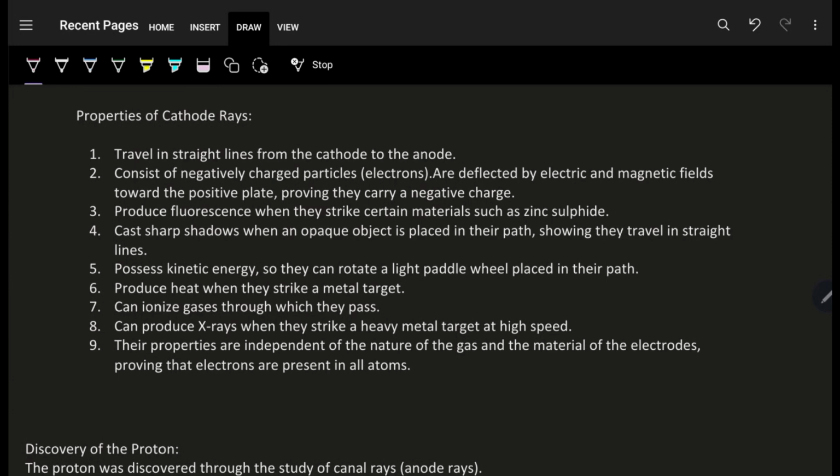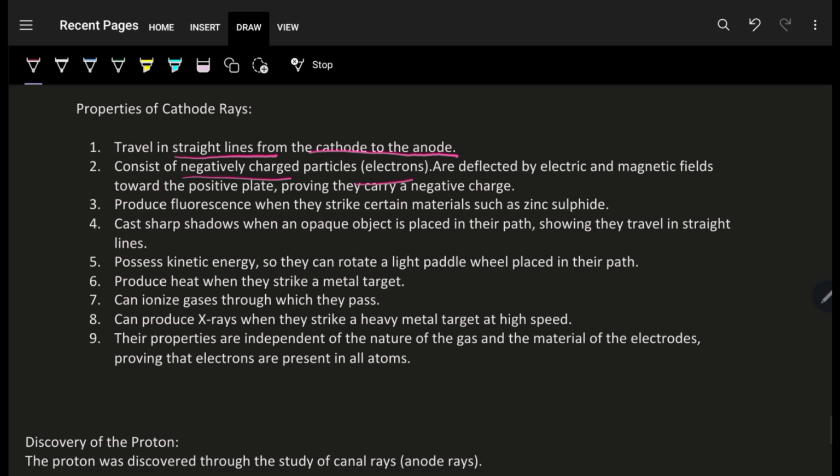Now, these were the properties of the cathode rays. The cathode rays were seen to travel in a straight line, of course, from cathode to anode, and they are made up of negatively charged particles which are known as electrons, and so they are deflected. Since they are having charge, they are deflected by electric and magnetic field, of course, towards the positive plate. Why? Because they themselves are negatively charged.